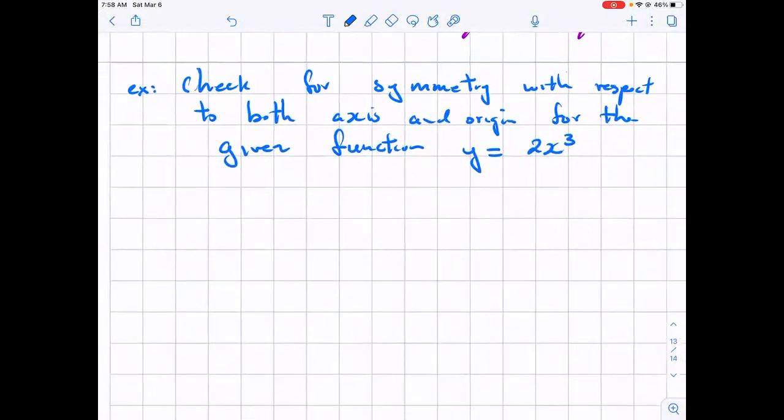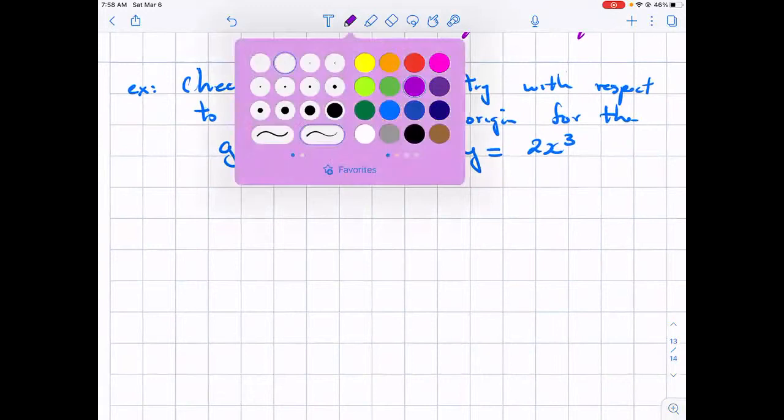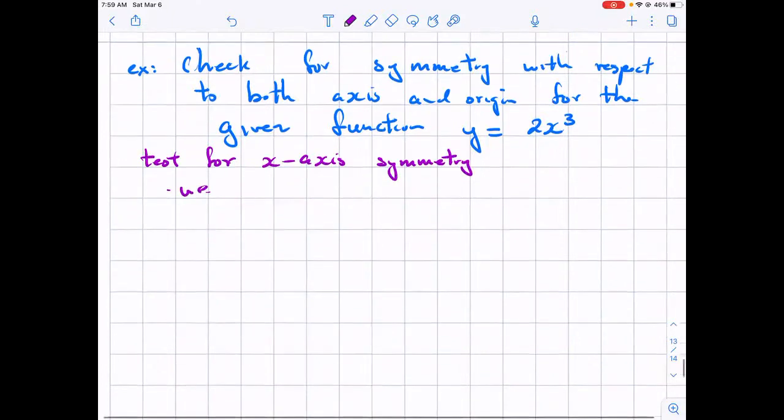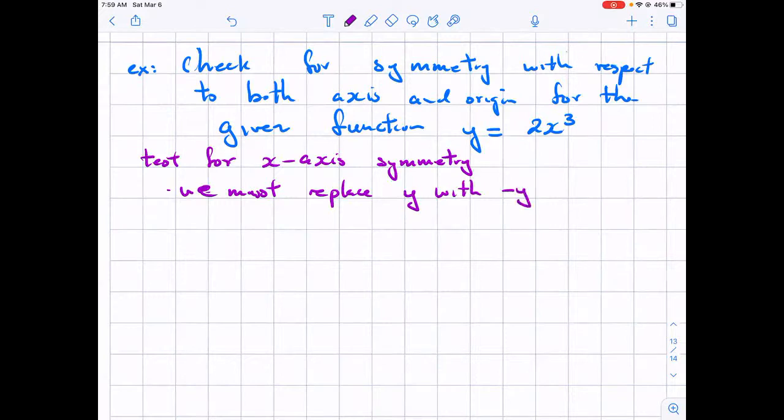So the first thing, remember there are 3 tests, right? So let's just test first for x-axis symmetry. We must replace y with minus y.